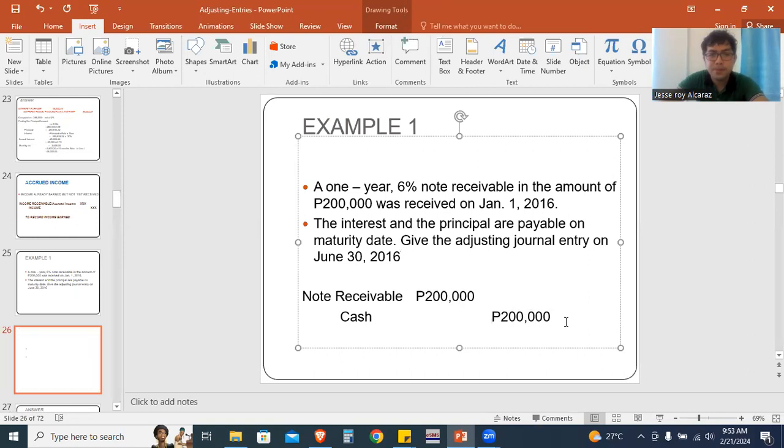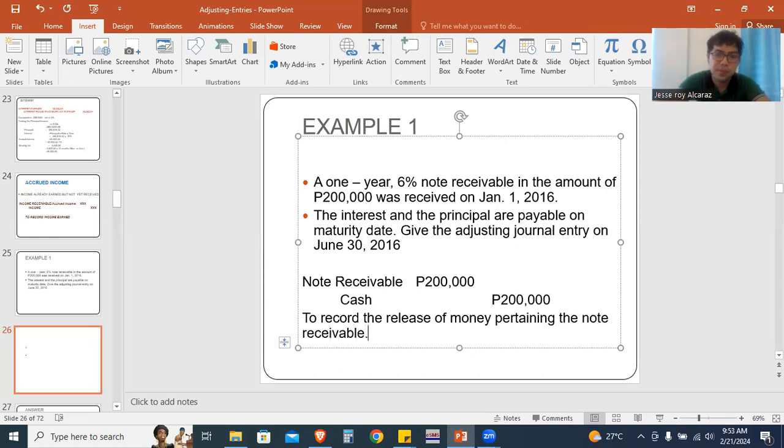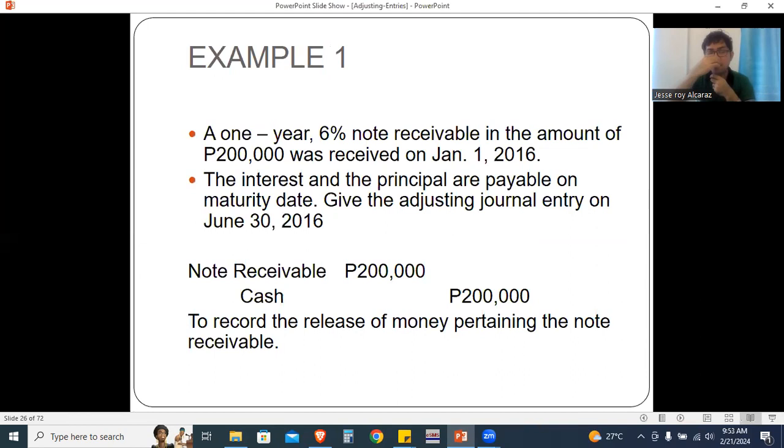Okay, so to record the release of money. Something like that. Taas-taas na siya, but that will do. So that mas masabtan ninyo the flow of the adjusting entry.